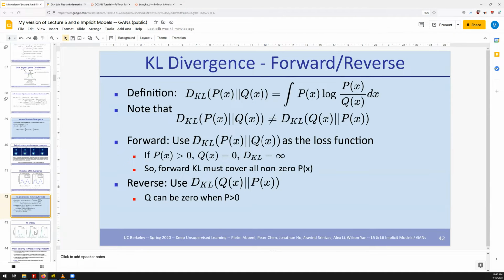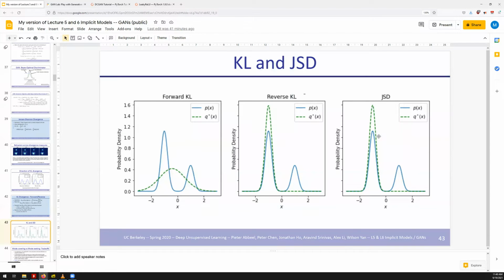Right, makes sense. So we can relate this to the actual loss function used in our example, and it would be like a reverse KL divergence in the sense that we are calculating KL divergence with respect to the generated distribution, right?